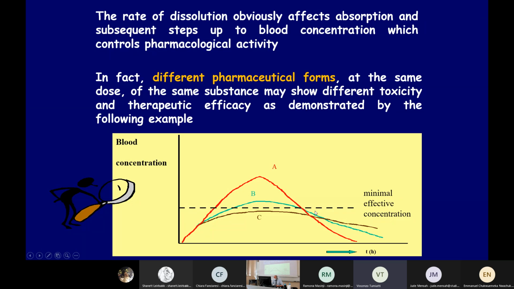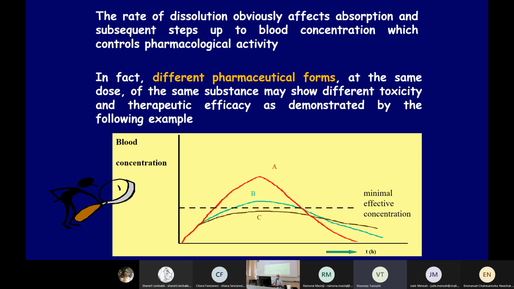Compound B is the best of the three. You see, it is able to overcome the minimal effective concentration. The peak is not so high, and so perhaps you have only the therapeutic effect with few side effects. Compound C has a low solubility.